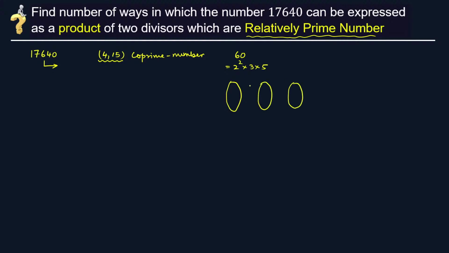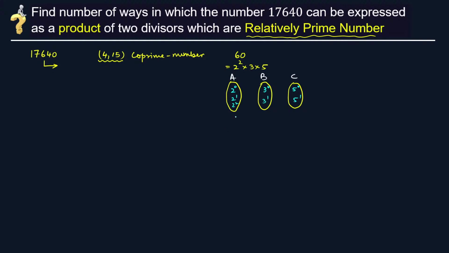It is better to understand if we do the problem with sets. 2 to the power 0, 2 to the power 1, 2 squared. 3 to the power 0, 3 to the power 1. 5 to the power 0, 5 to the power 1. Now the question is, we have to express 60 as a product of two divisors which are relatively prime.